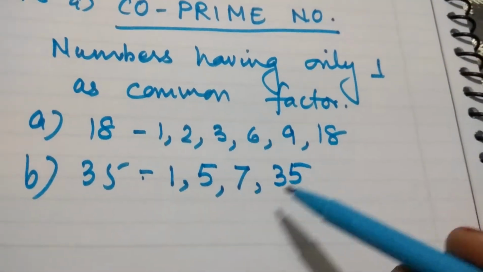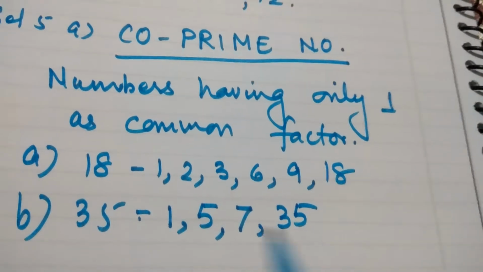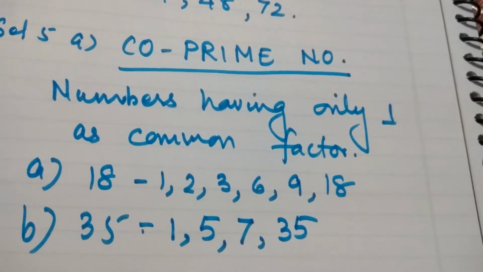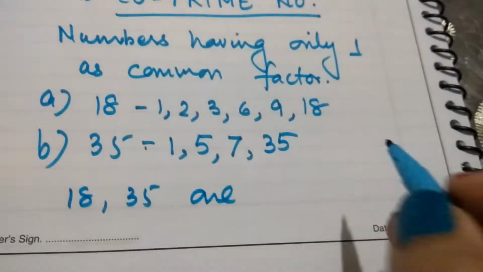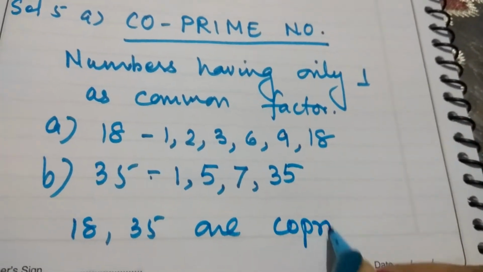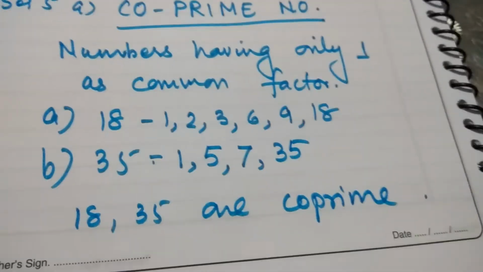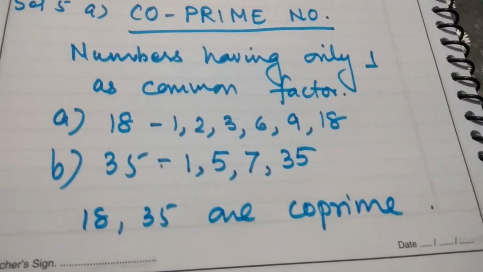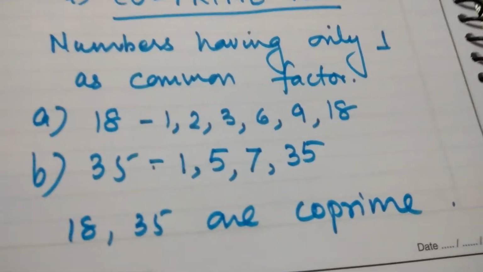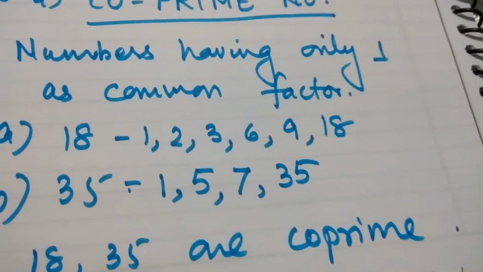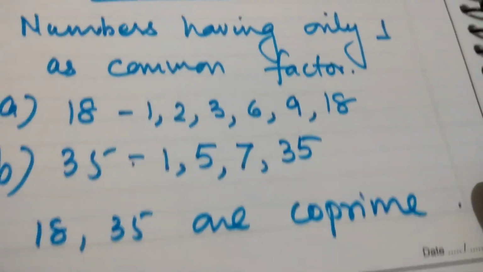We see that except 1 there is no common factor. So we will write yes, 18 and 35 are co-prime. To find whether two numbers are co-prime or not, you have to find their factors, and that will tell you whether they are co-prime or not.